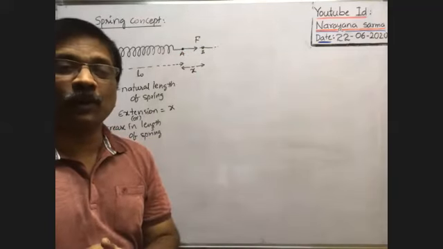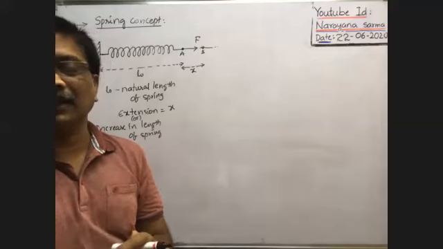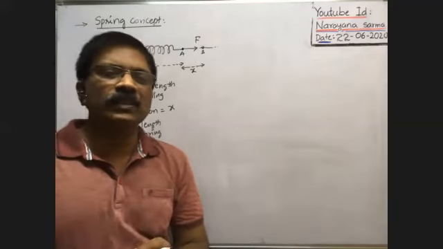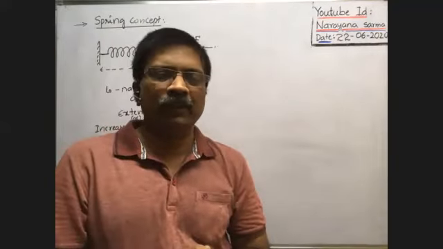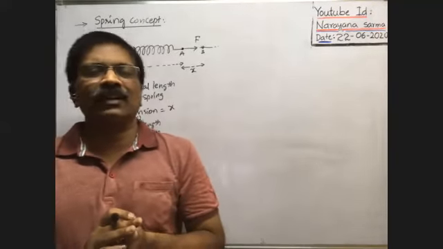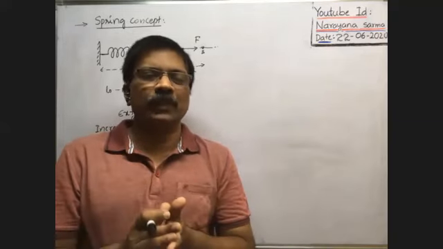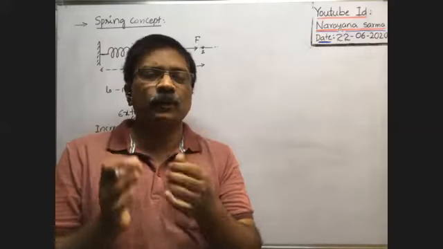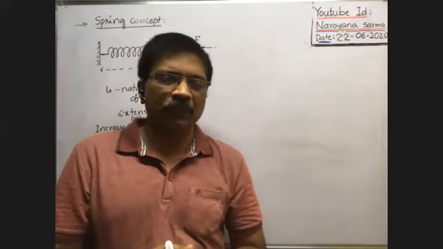Such force developed in the spring is called the restoring force, or the spring force. So spring force is developed whenever the spring is extended or compressed, because of the change of length of the spring.